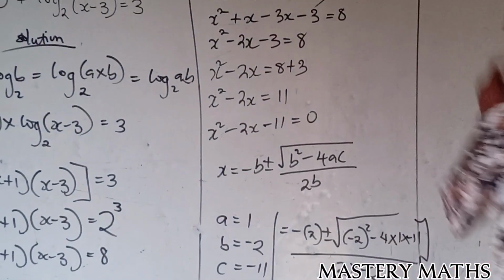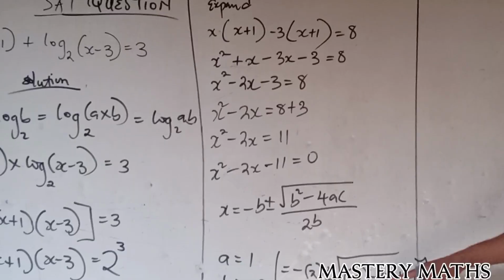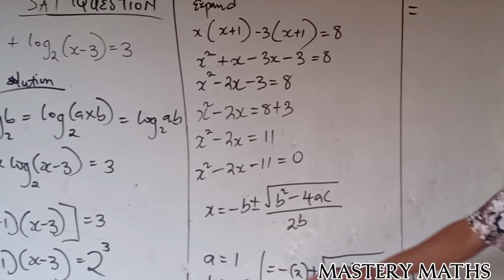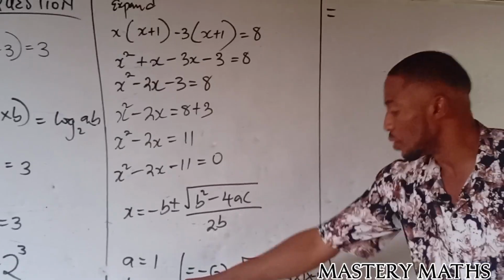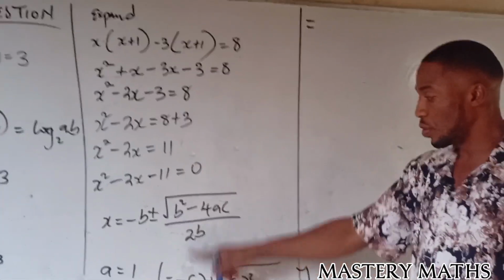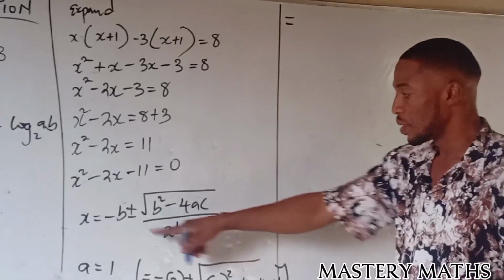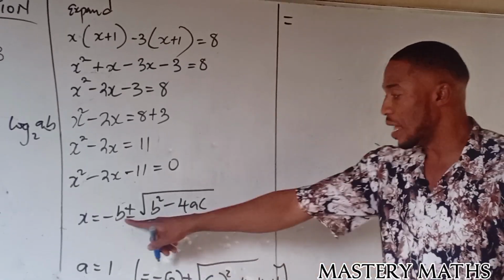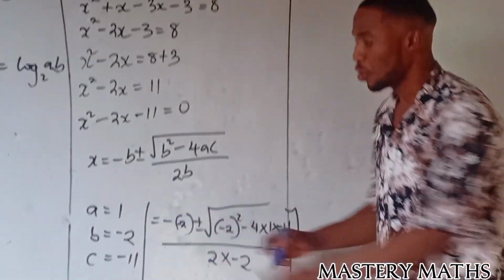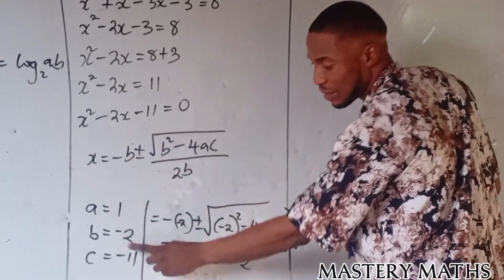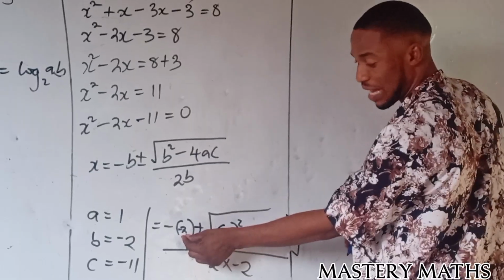Now, solving, we want to simplify these. Remember, the b is minus 2, so there's a minus 2 here because b is minus 2. Look at the b squared outside. The b here has a minus, so this minus is the one outside, then the b itself has minus 2, which is the minus 2 inside.